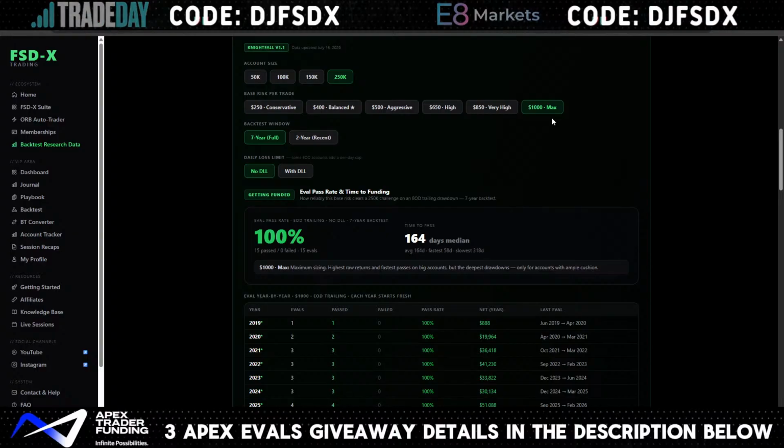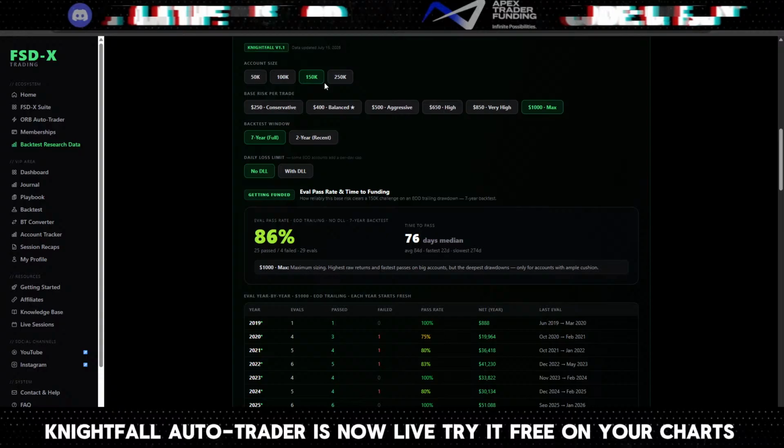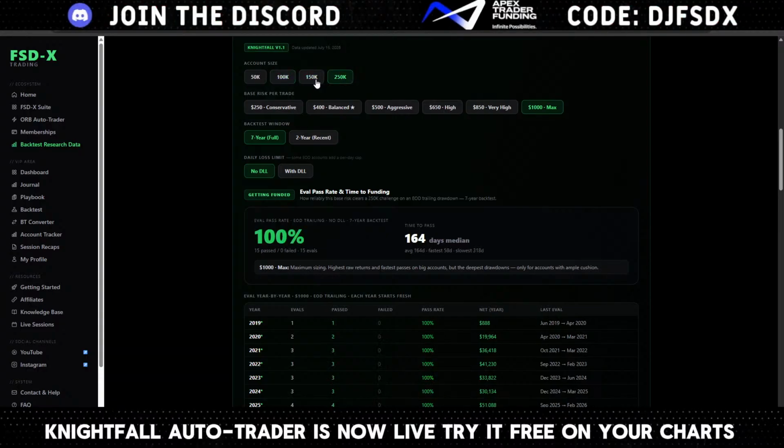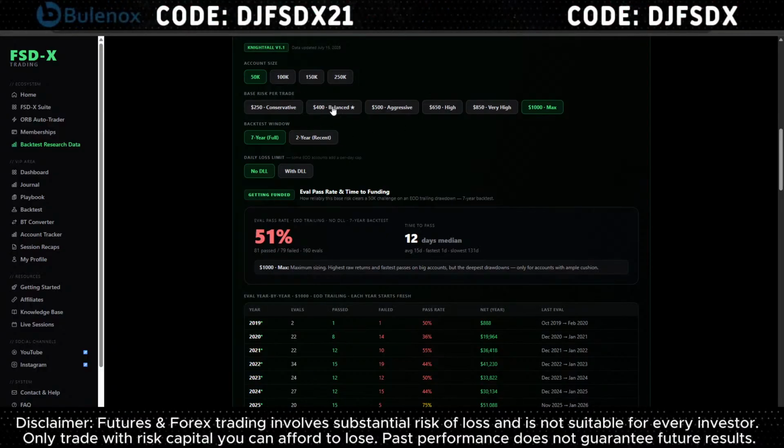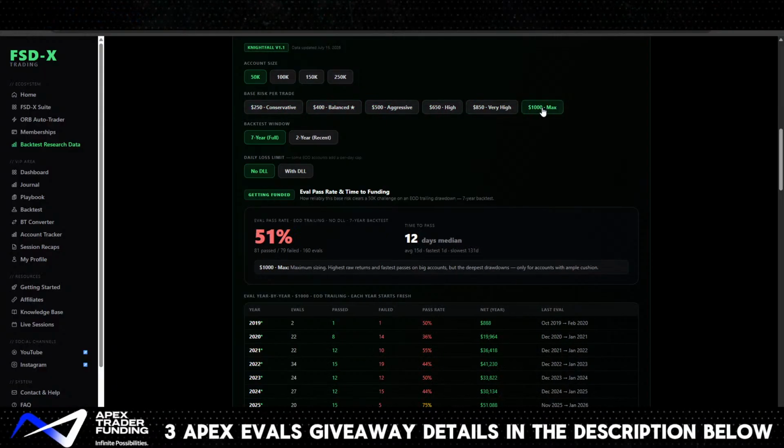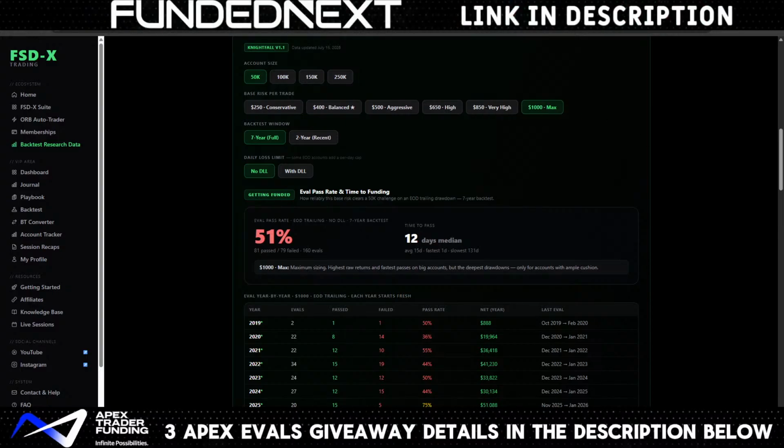It scales down. And as you go lower and lower, it's gonna get riskier and riskier. It just kind of depends on how you want to trade it.